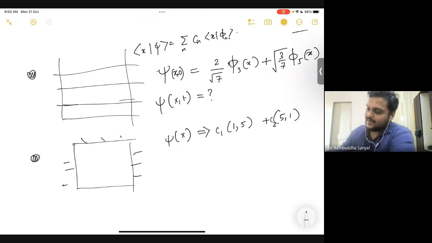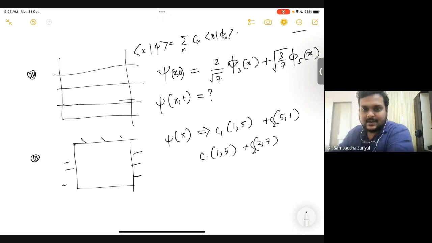Or you could be in the state 1,5 plus 2,7. Or it could be one of your symmetric pair of states. If it is in a superposition and you sketch the wave function, then it might be hard to see any symmetry, and look at how this wave function actually looks.